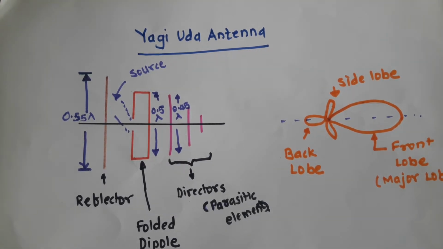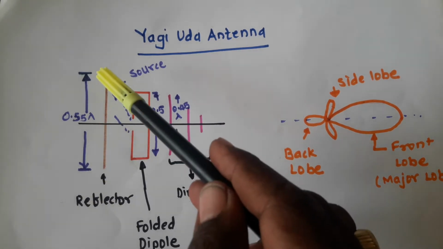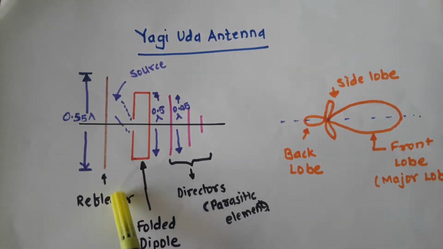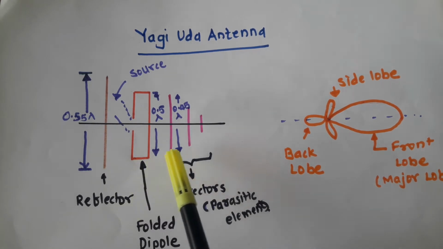Now the longest element in this Yagi Uda antenna is the reflector, right? This reflector is also a dipole. The folded dipole is also a dipole, and the directors are also dipoles. So this antenna is nothing but a group of dipole antennas in which one is the driven element and the others are parasitic elements. Now what exactly do we mean by a parasitic element?